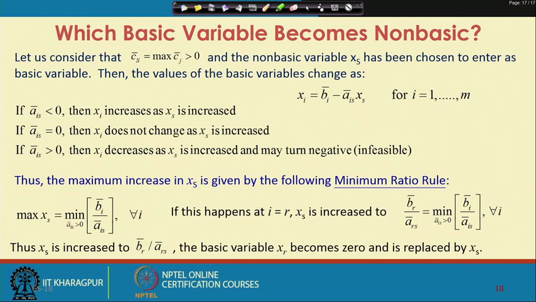If this happens at i equal to r, xs is increased to br bar by ars bar. Here r means the rth row. So, thus xs is increased to br bar divided by ars bar and the basic variable xr becomes 0 and is replaced by xs.